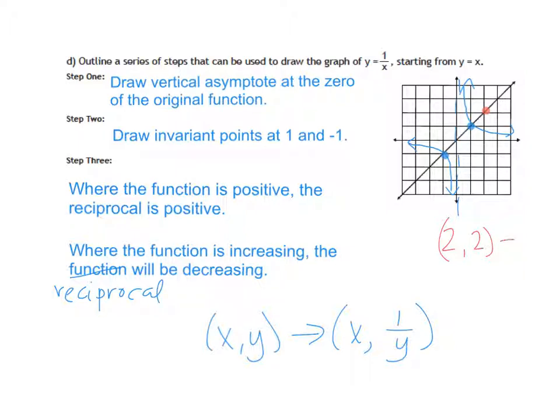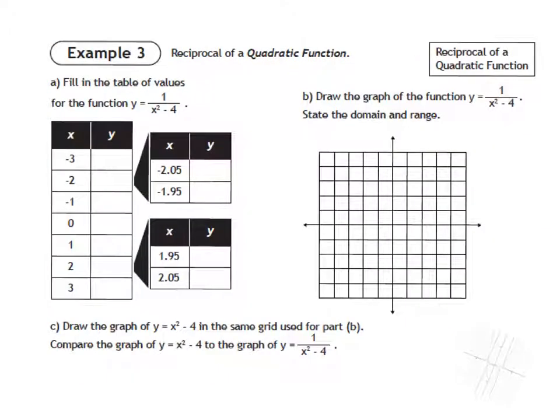If we wanted to find the new point, it would be at 2 and 1/2, 1 over 2, which is about there. Maybe a little lower than how I actually drew it. But that's another way to do it, is just look at a mapping rule. This is the reciprocal of a quadratic function.